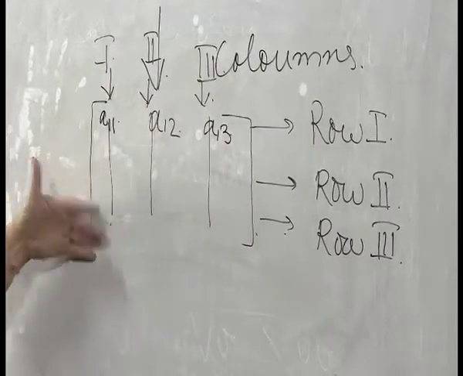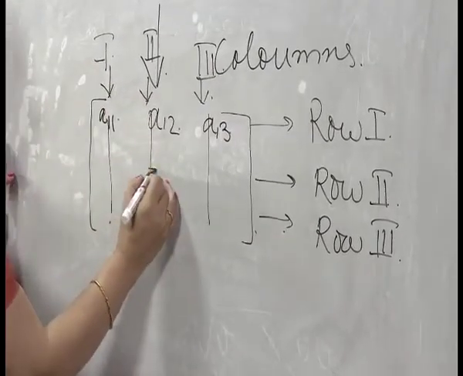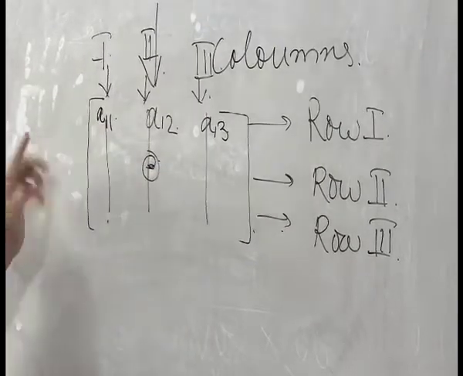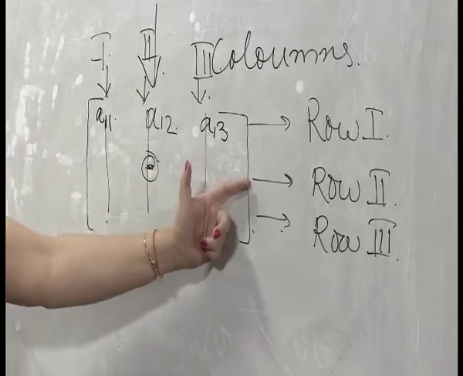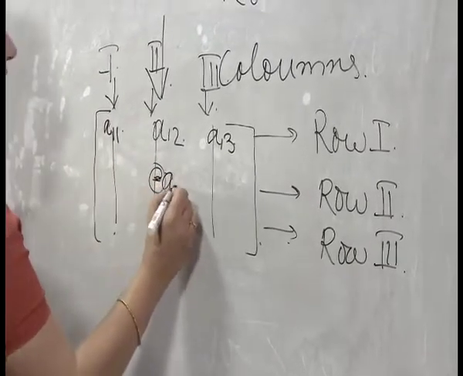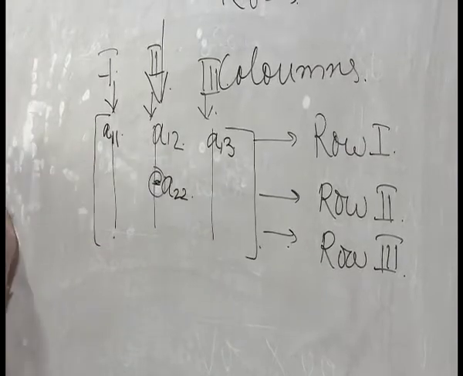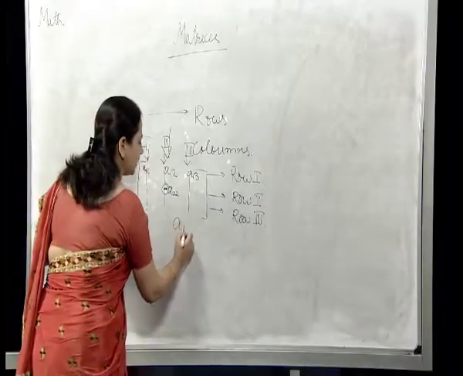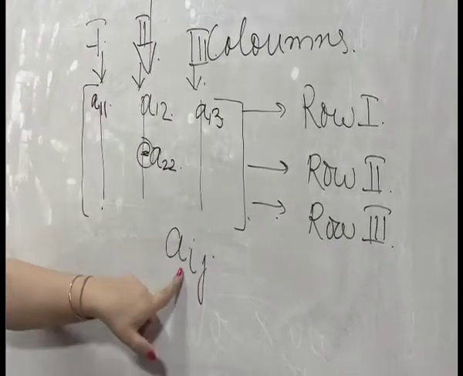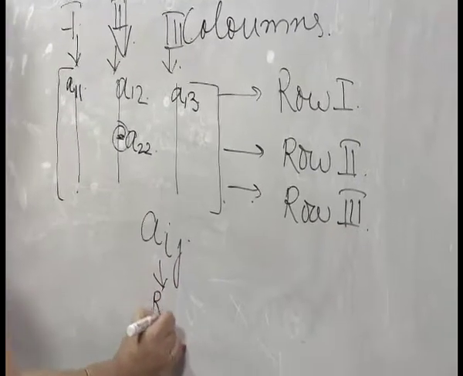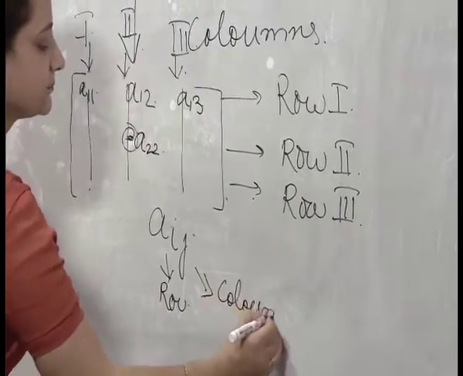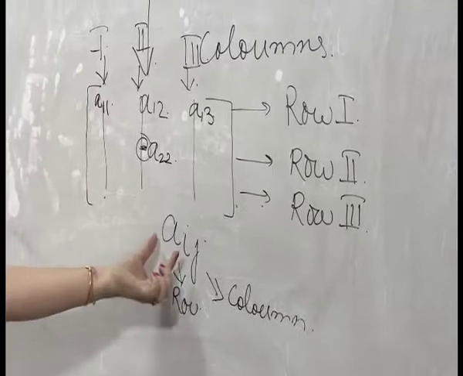Now, I can write any element here also. So I can see where this element lies. It lies in the second row and second column. So I will write it as A22. That means, in general, I can write any element as Aij. What does i represent? i represents the row and j represents the column.